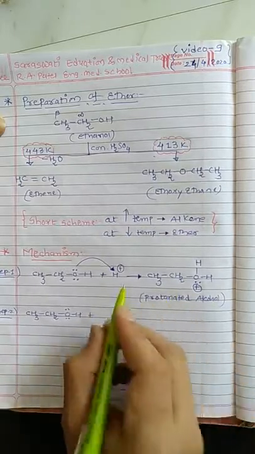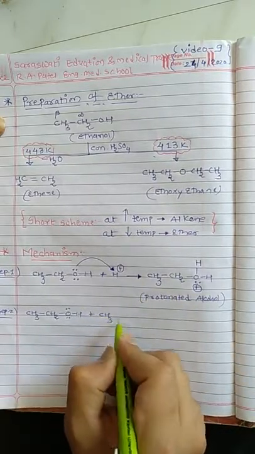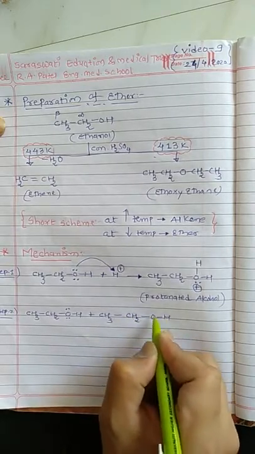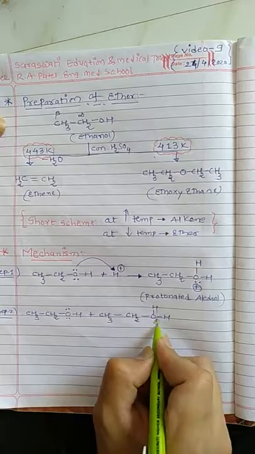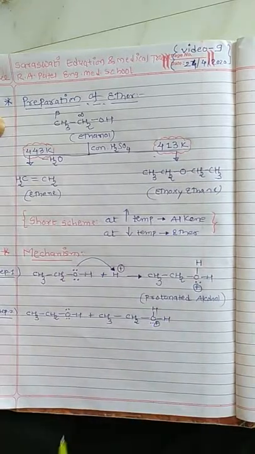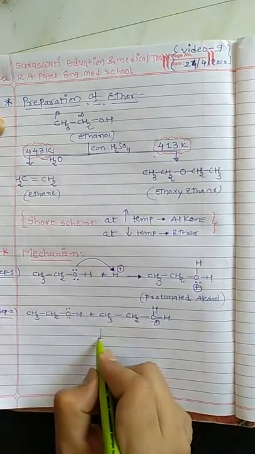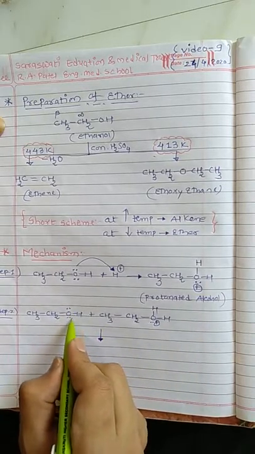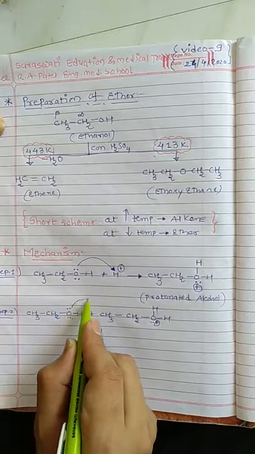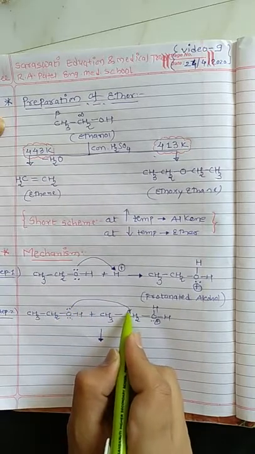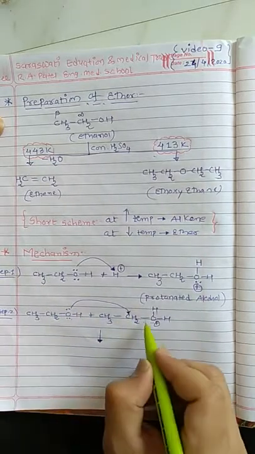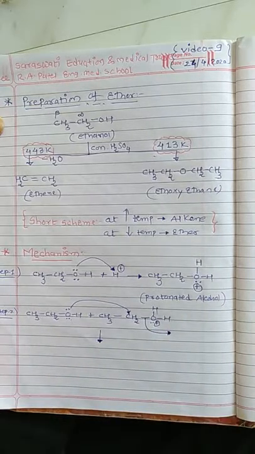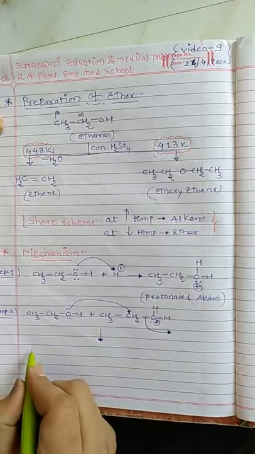It reacts with protonated alcohol, CH3 CH2 OH H having positive charge. Now friends, focus over here: this oxygen will directly attack this second carbon. Due to that, an H2O molecule departs from the reaction medium.